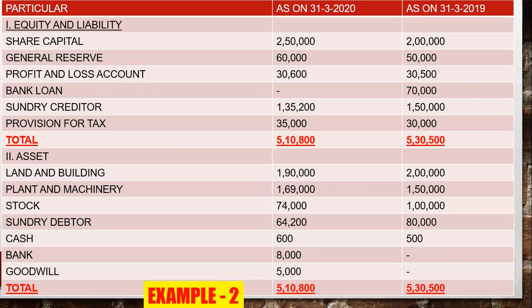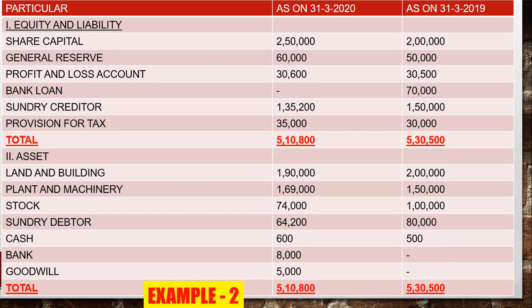Whenever it's so, as I told you yesterday also, you have to deduct preliminary expenses like that as written off expenses. But in this sum, it is not said anywhere in the adjustment. If it had been said in the adjustment that you have to write off, then you would have to write off. But here it is not said that you have to write off. So you have to assume that it's your intangible asset.